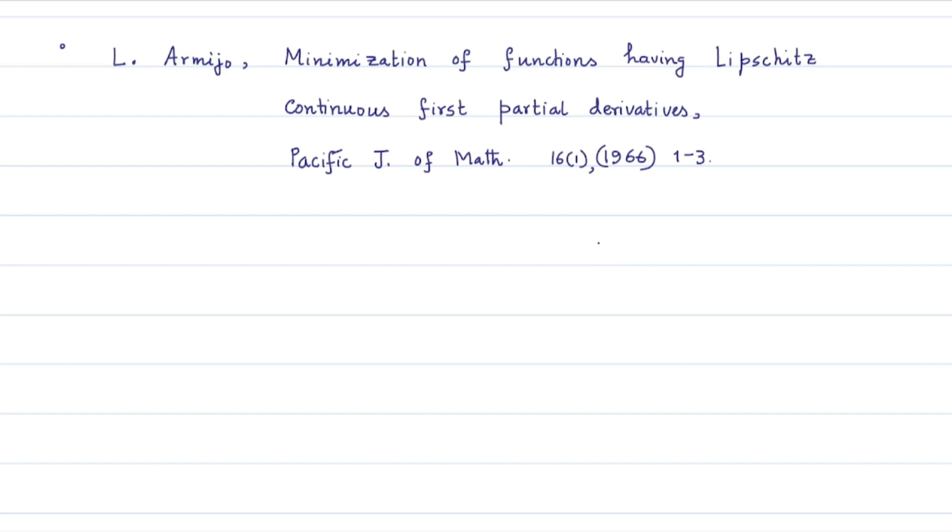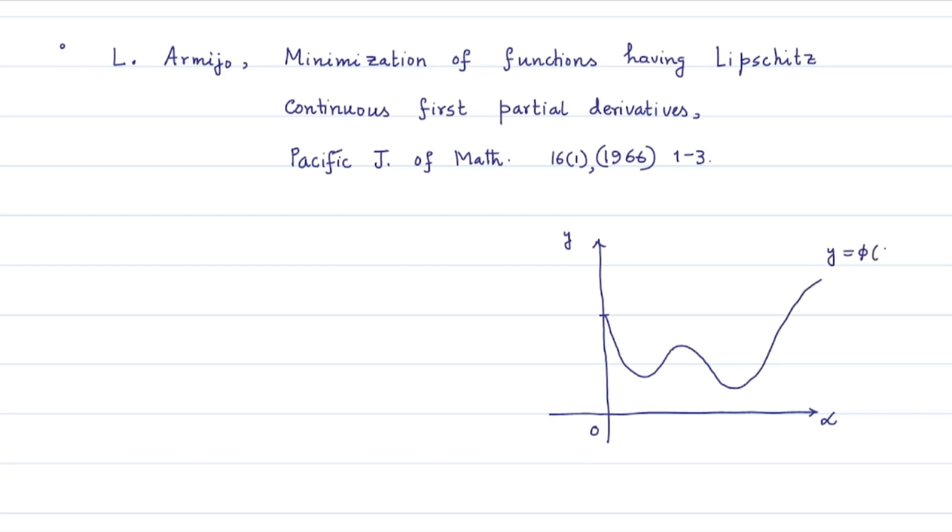For example, let us suppose the graph of the function y is equal to phi alpha on the alpha-y plane is somewhat like this one, y is equal to phi alpha. This is the line of y is equal to phi 0.